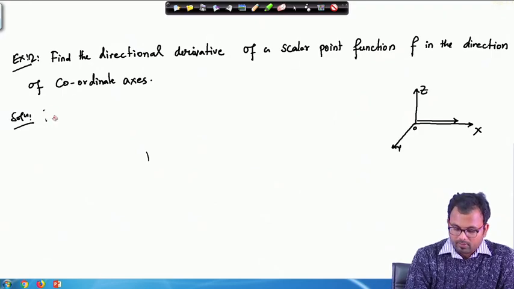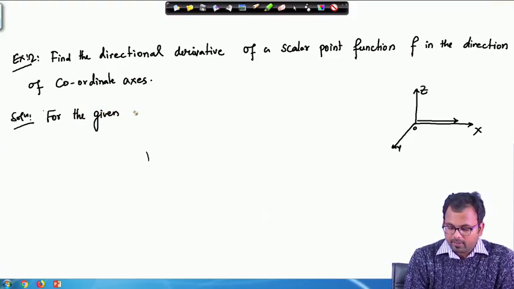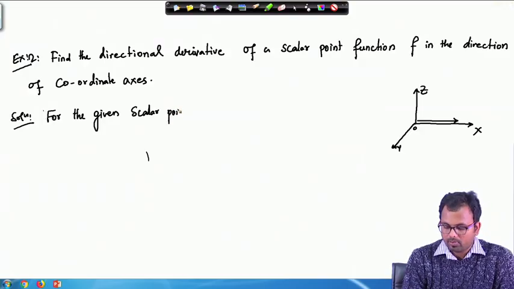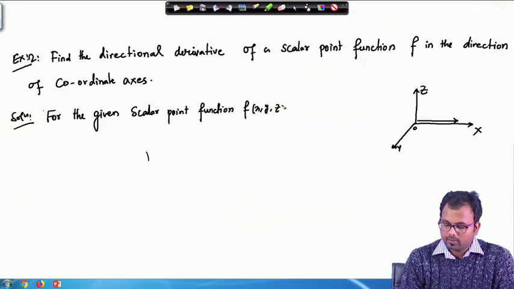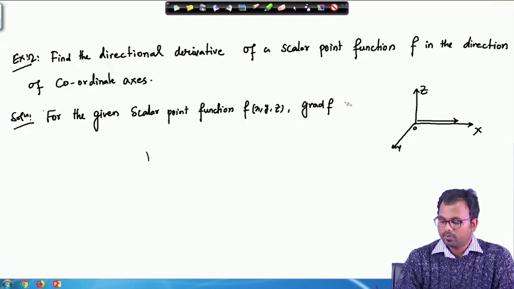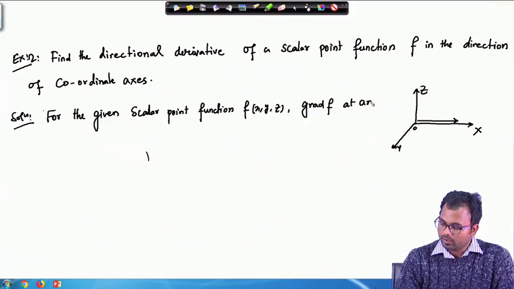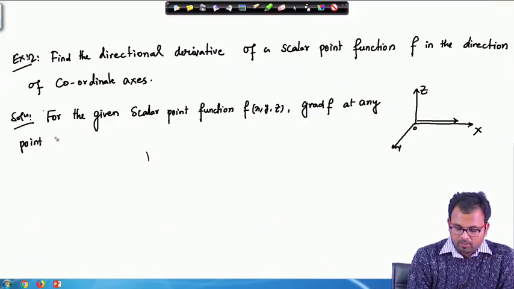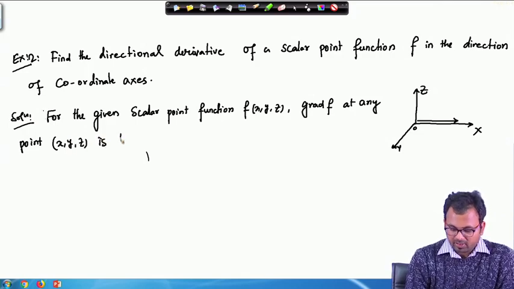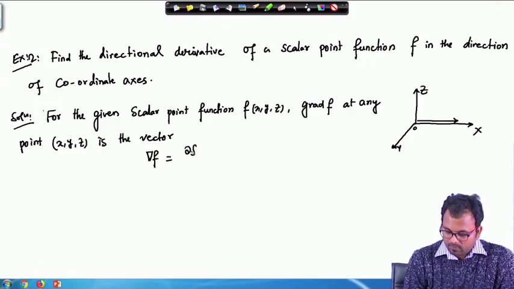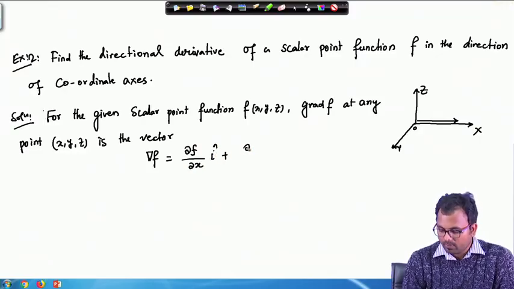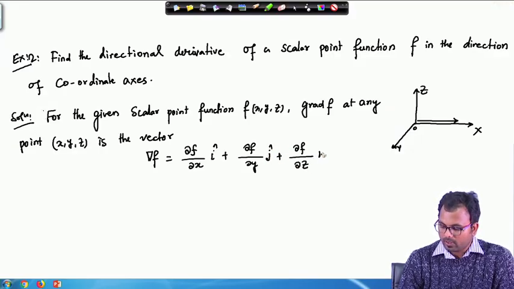For the given scalar point function f(x, y, z), gradient of f at any point (x, y, z) is the vector (del f/del x, del f/del y, del f/del z).